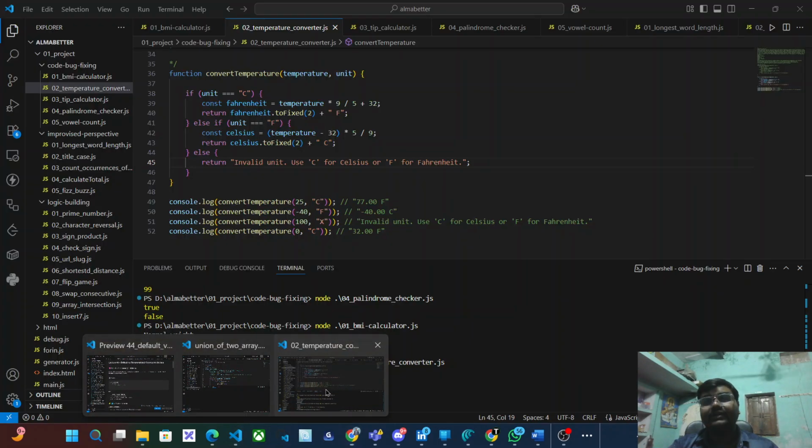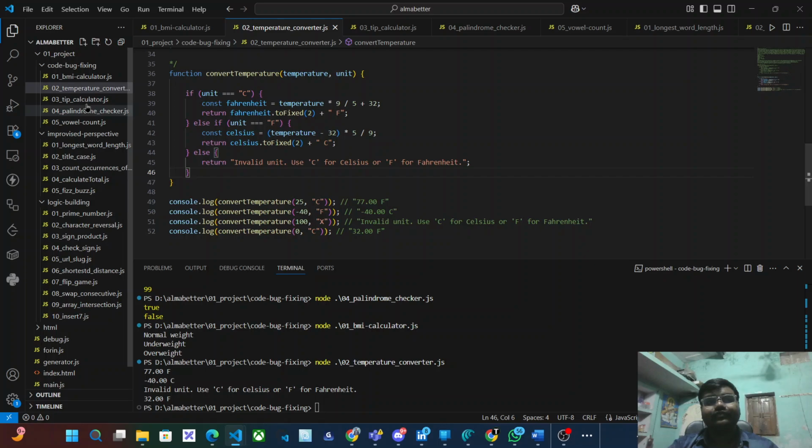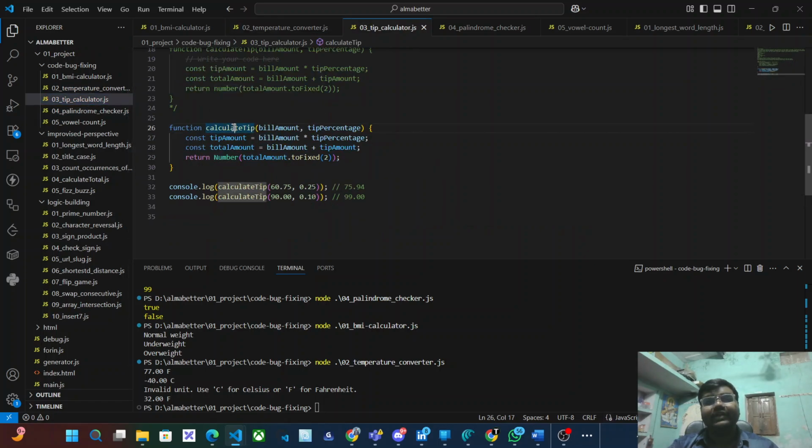Let's come to the function. Calculate tip is the function, bill amount and tip percentage are the arguments, and using this formula we calculate the tip amount, and we add bill amount plus tip amount, which is equal to the total amount.